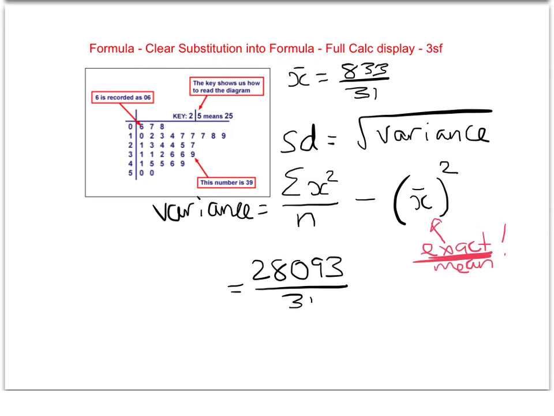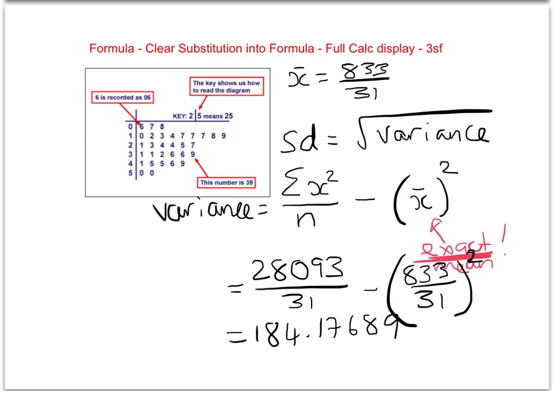Dividing that by 31, which is the amount of data, and then taking away the exact mean, which is 833 over 31 squared. Okay, sticking all that in the calculator, we get 884.1768991. So the variance is that, and then the standard deviation is the square root of that, which is 13.57117899.